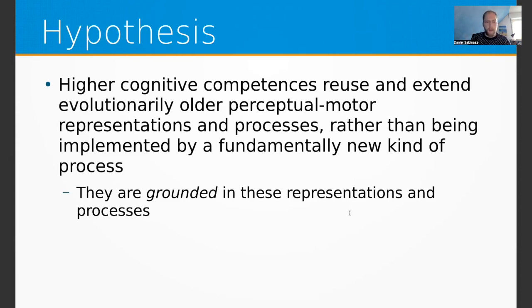Another way this is sometimes framed in the DFT community is that the higher cognitive competences are grounded in these evolutionarily older perceptual motor representations and processes.